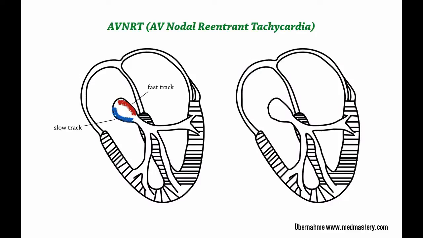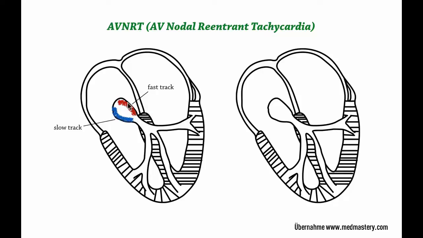Now let's turn to another situation where there is a circus movement tachycardia. The situation of AVNRT or AV nodal reentrant tachycardia. As you can see here, some people have two separate conduction tracts in their AV node. One with slow conduction properties and the other one with fast conduction properties.